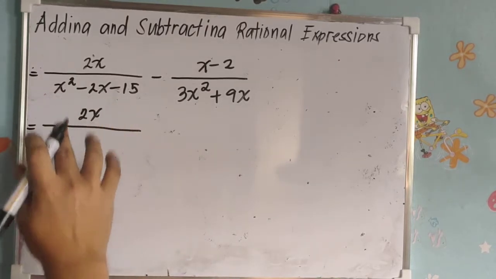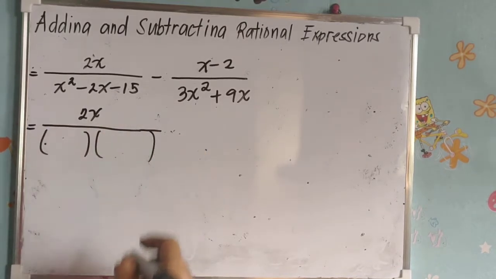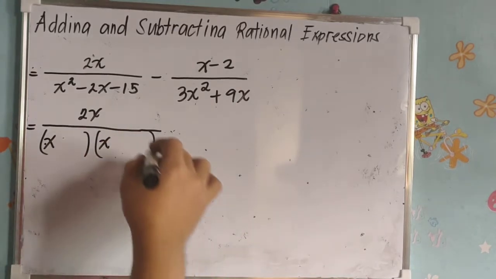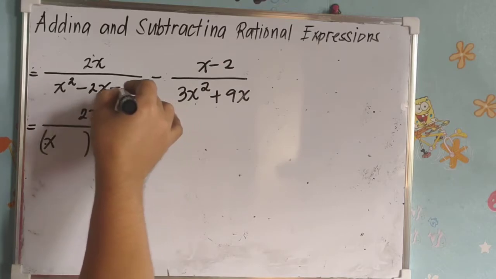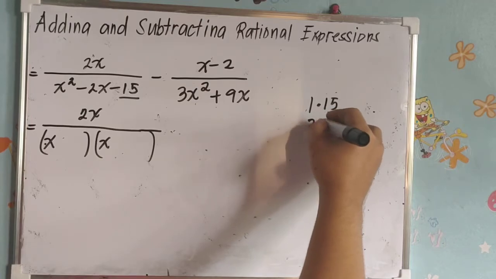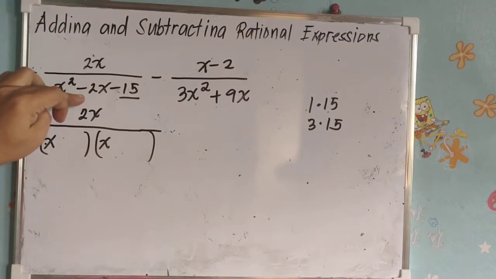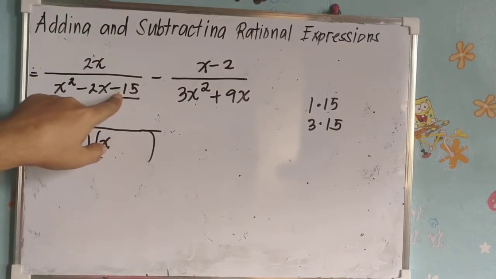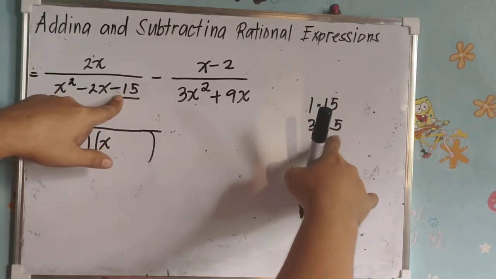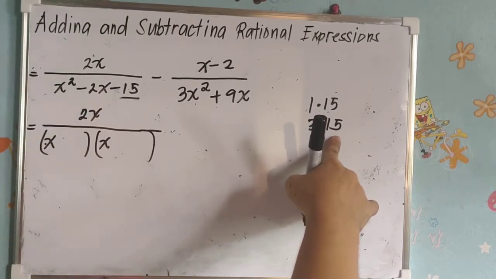So this is quite easy. So first terms, x. So we only have two possible factors of 15. We have 1 times 15 and 3 times 5. But we are looking for factors that when added is negative 2. The fact that it is negative means one of the factors is negative and the middle term is negative, meaning the bigger number is negative.